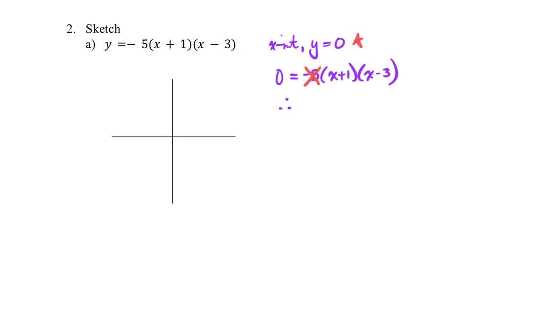Because that now allows you to find your two x-intercepts at -1, and I should use better form there, or 3. Okay, whether you want to plot those now or not, up to you.